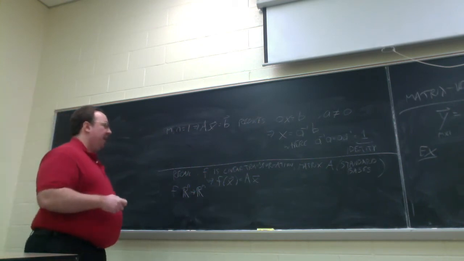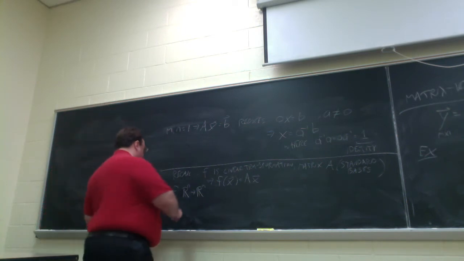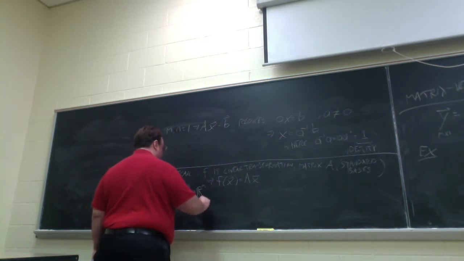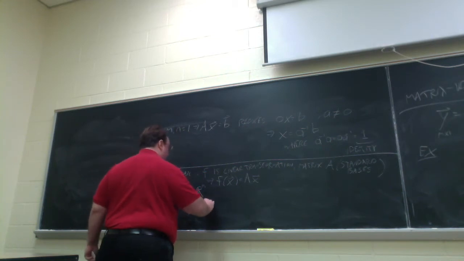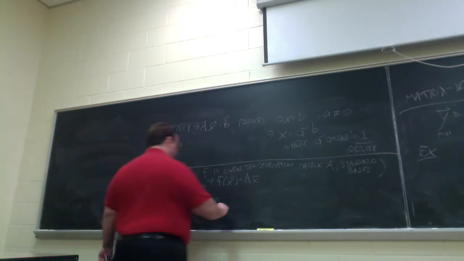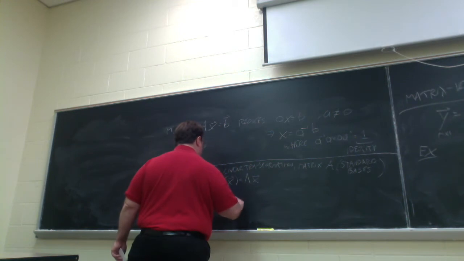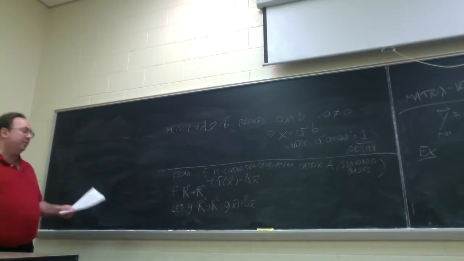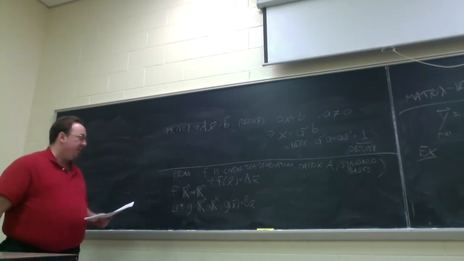Now, I'm going to include a second linear transformation, g, that goes from Rp as its domain into Rn. And it is a linear transformation whose matrix in the standard bases for these spaces is given by B. Okay.